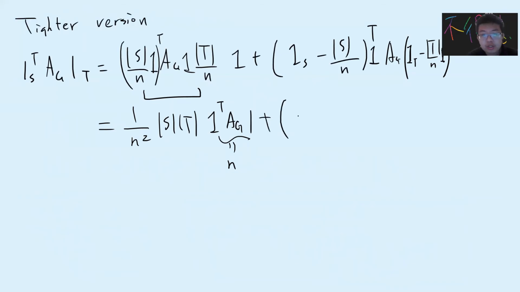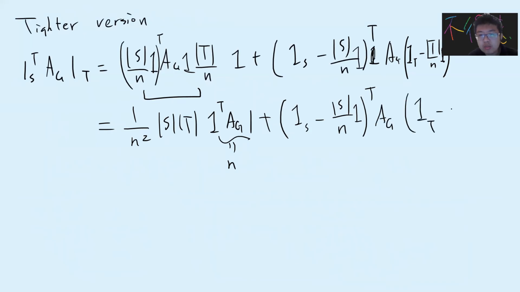So the remaining term is (1_S minus s divided by n 1)^T A_G (1_T minus t divided by n 1). Okay. So this will give you s t n.